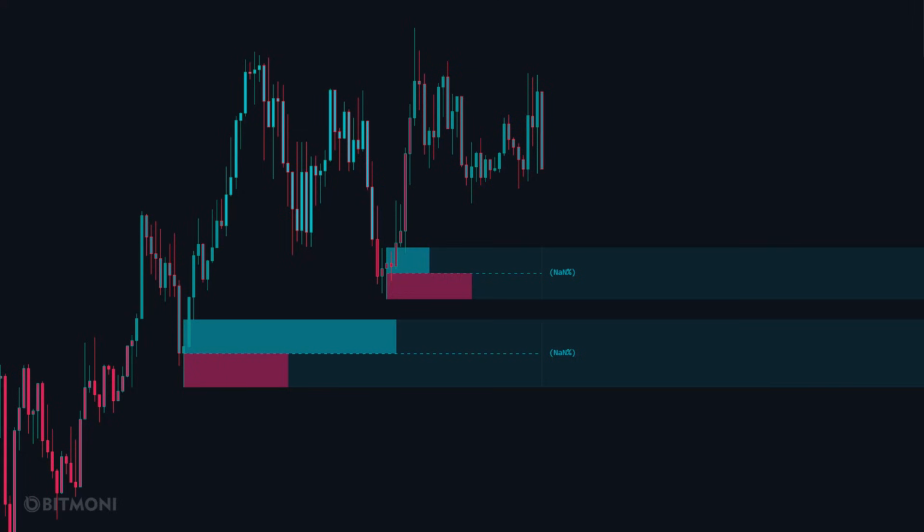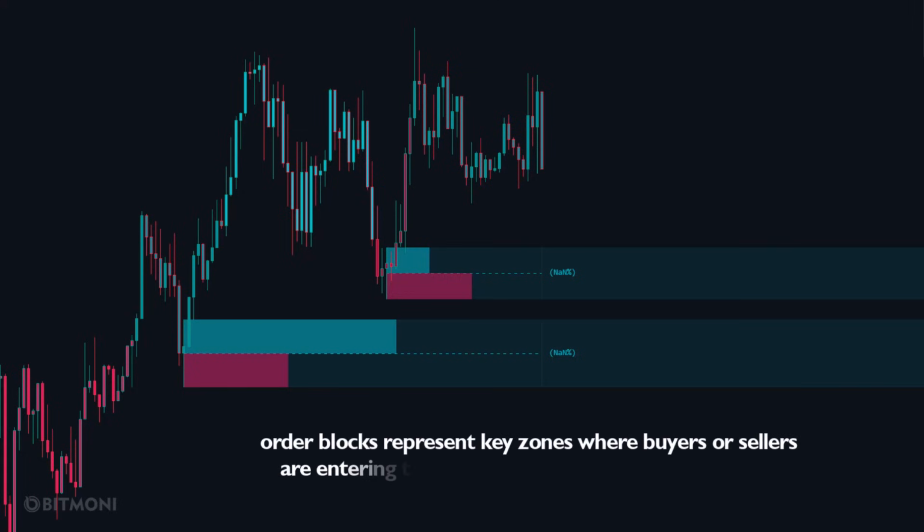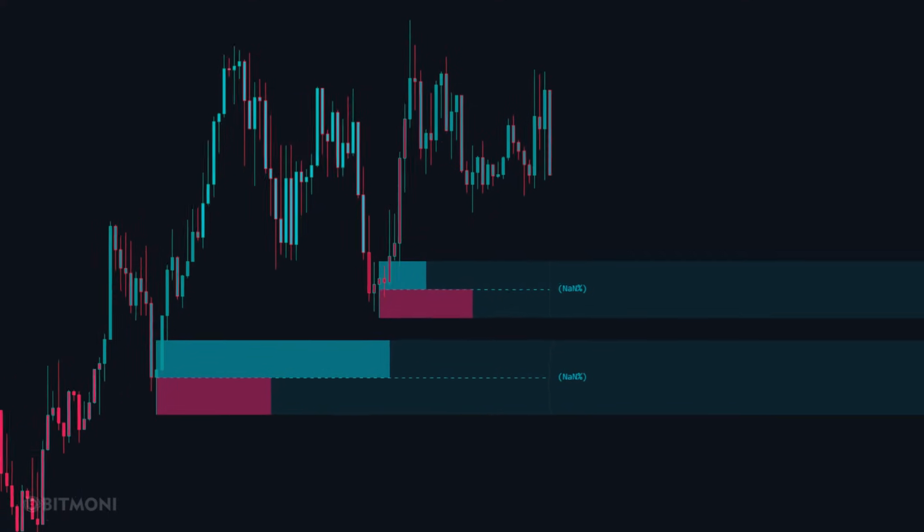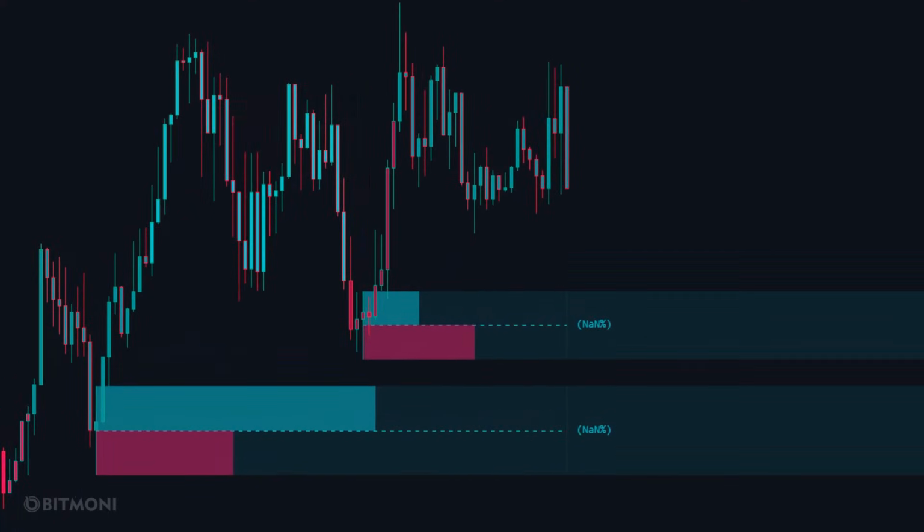In basic price action, we know that order blocks represent key zones where buyers or sellers are entering the market with significant momentum. These areas often serve as critical supply and demand zones. The Smart Money Toolkit automatically plots these order blocks and also incorporates volumetric data to give deeper insight into market activity. Within each order block, you'll see green and red bars that represent the relative strength of buyers and sellers.